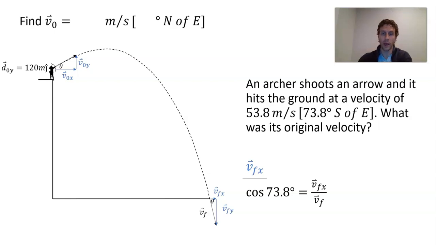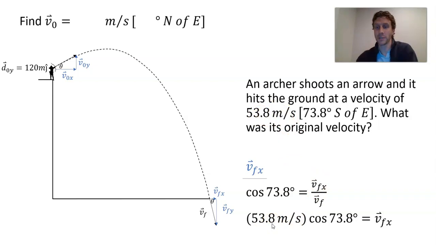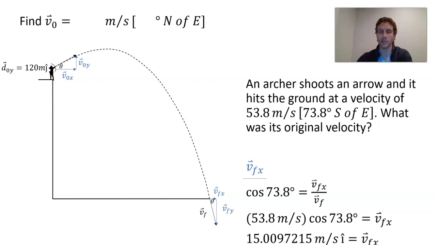Well, we have an angle, and cos of that angle is going to be adjacent over hypotenuse, so v final x over v final. If I multiply by v final, I'll be left with v final x. And v final is 53.8 meters per second. So 53.8 times cos 73.8 gives me v final in the x, and that's just over 15 meters per second.